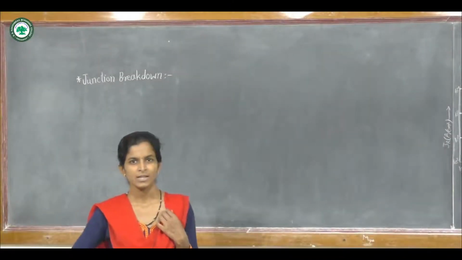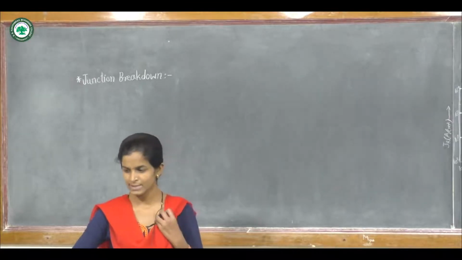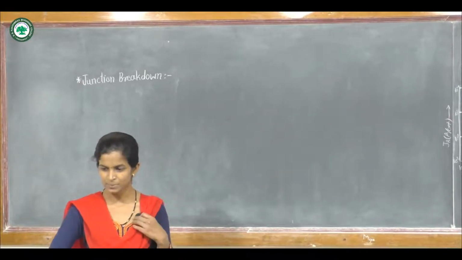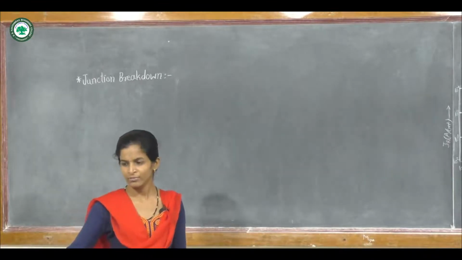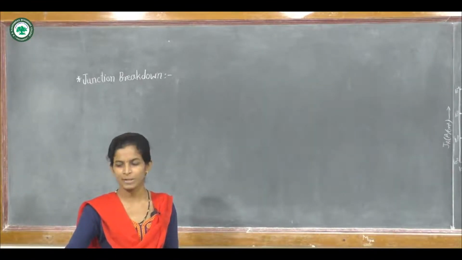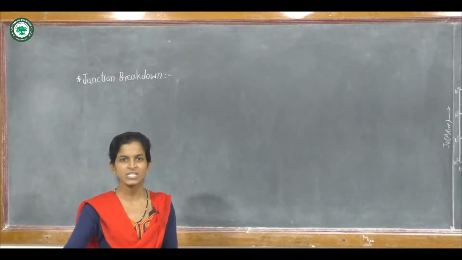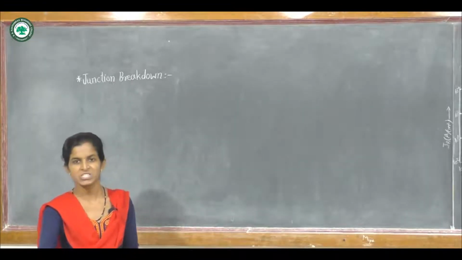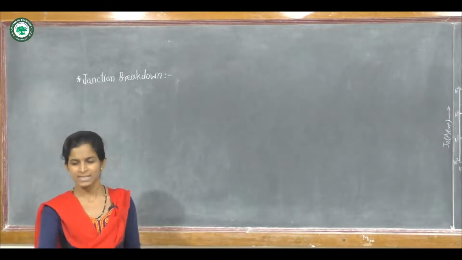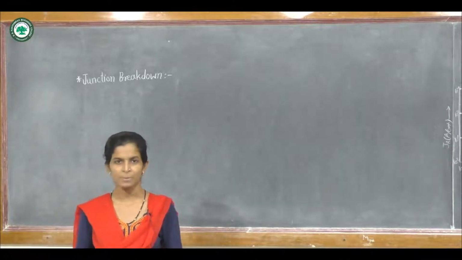Hello students, now we will discuss the junction breakdown. When a sufficiently high field is applied to the PN junction, the junction breaks down and conducts a very large current. There are basically three breakdown mechanisms.